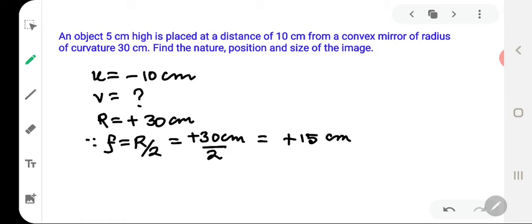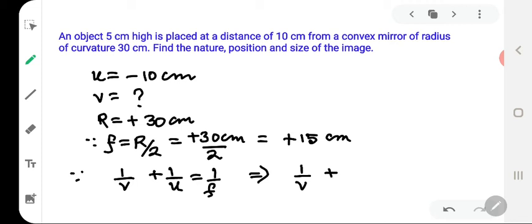So now we know the object distance as well as the focal length. We know that 1 by v plus 1 by u is equal to 1 by f. So now on substituting the values, we get 1 by v plus 1 by minus 10 equal to 1 by plus 15.